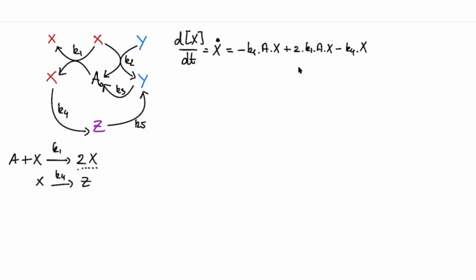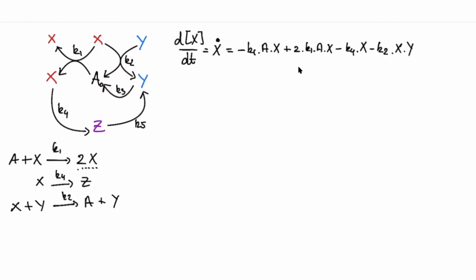And where else? At the top you can see that x plus y goes to a plus y with K2. So x is being consumed, so minus K2 times x times y.